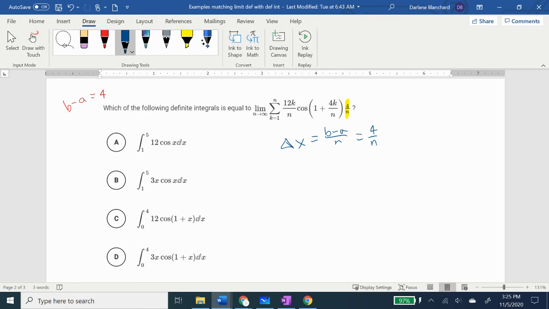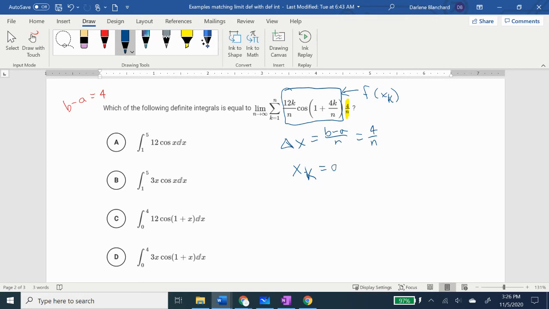That means that the rest of this is my f of x sub I, or in this case, x sub k. Before I go to figure out what function that is, I want to look at my formula for the x that is plugged into that function, x sub k.